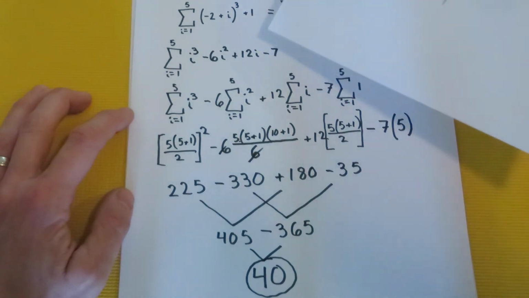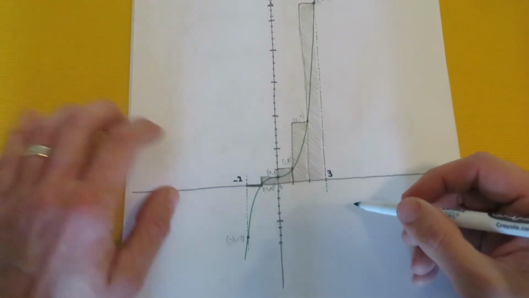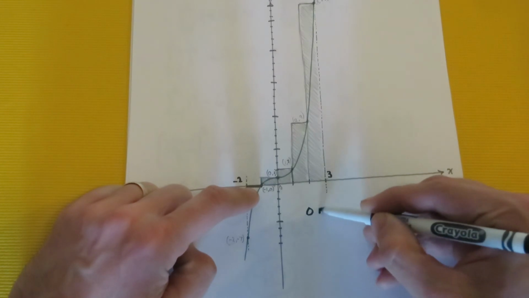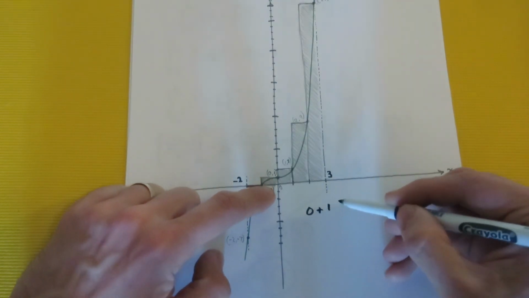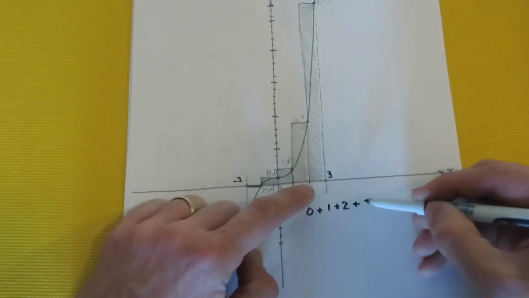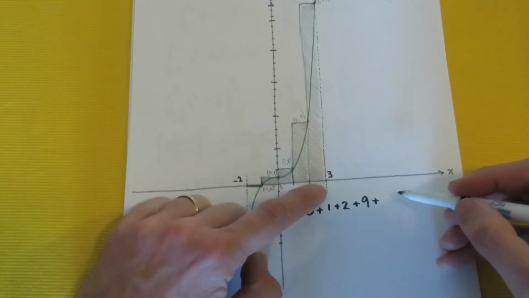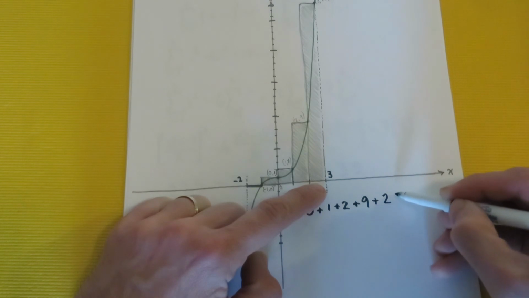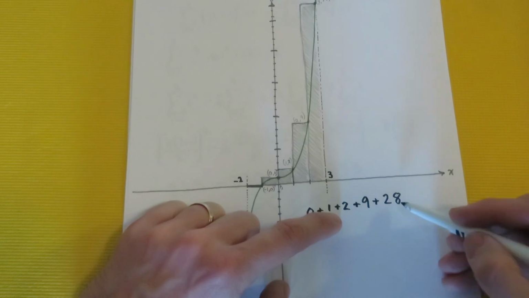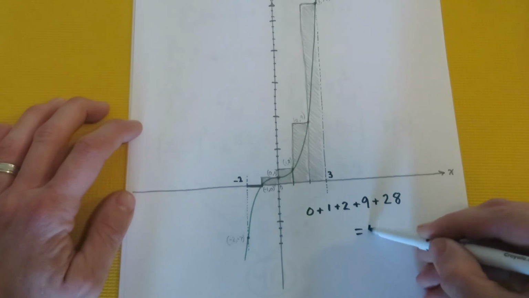So we're claiming that all of this equals 40. Sure enough, when we have this block here, which is just 0, plus this block here, which is just 1, this block here, which is equal to 2, this block here, which is equal to 9, plus this block here, which is equal to 28. 1 plus 2 is 3, plus 9 is 12, plus 28 is going to be 40.